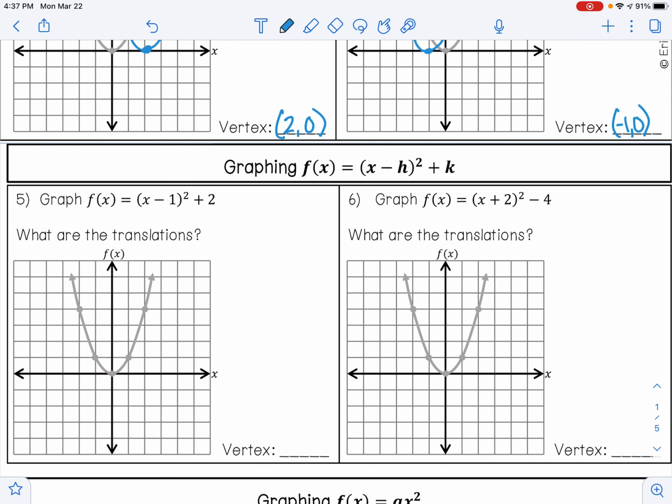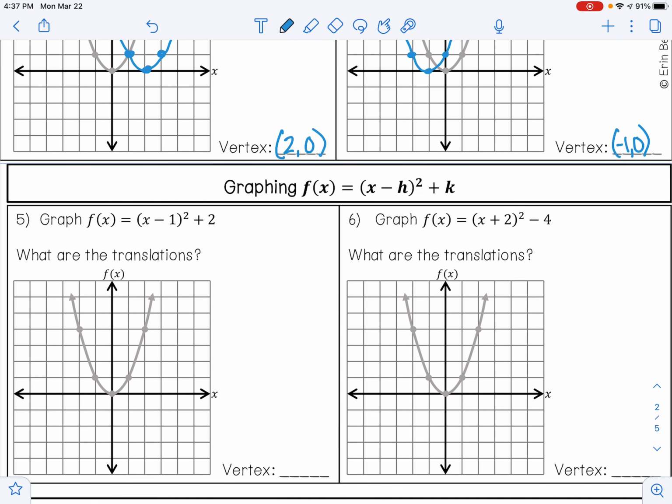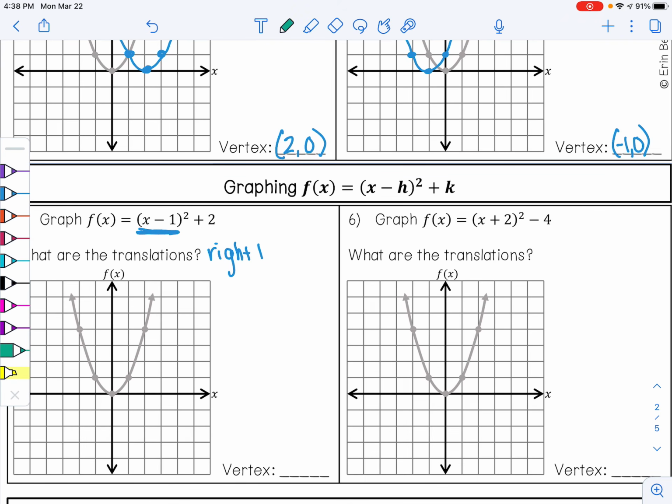Let's put that all together in a couple of examples. So on number 5, we have graph f of x equals (x minus 1) squared plus 2. Well, let's see. The x minus 1 tells me that I'm going to the right 1 unit. And then the plus 2 is telling me that I'm going up 2 units.